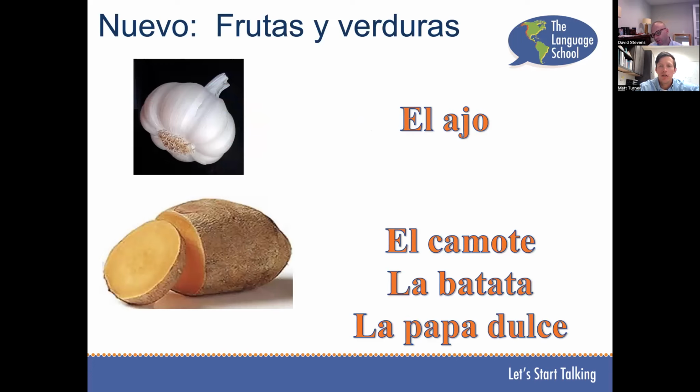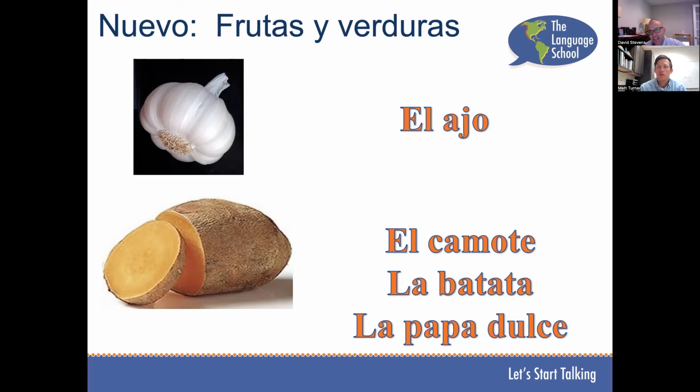Now this next one is kind of a regional thing. The first two words are correct. El camote or la batata. In my experience, people say camote most, but it's a regional thing. I think in certain parts of South America they might call it batata, or maybe in Spain, I can't remember.